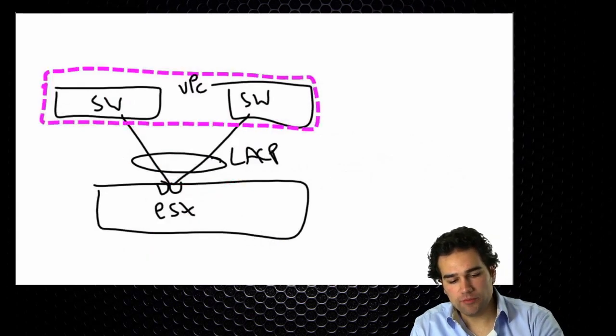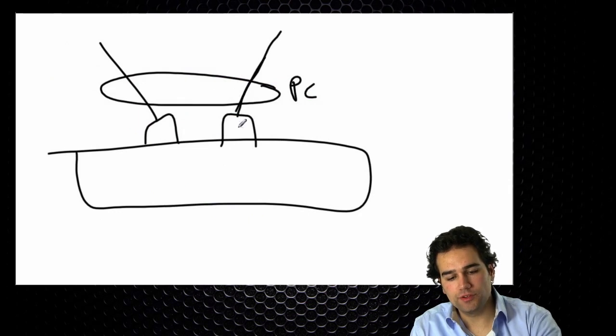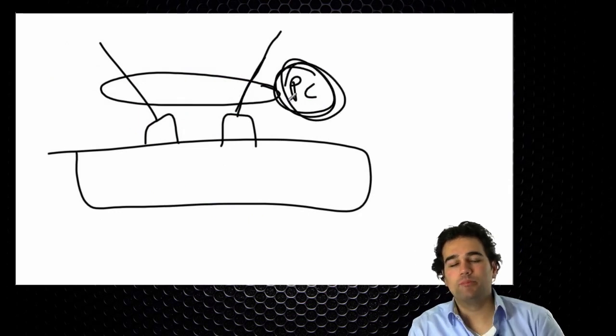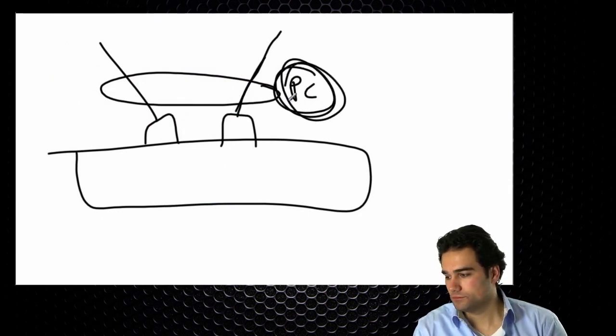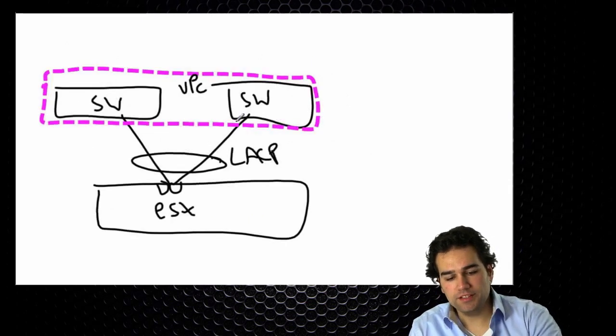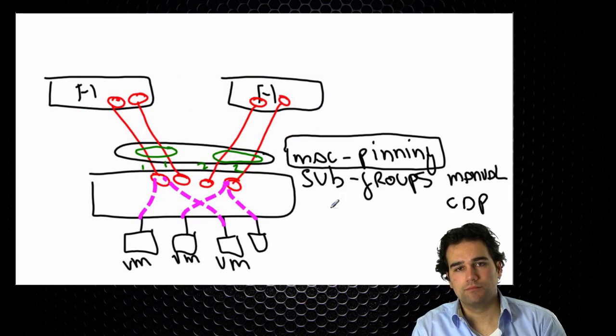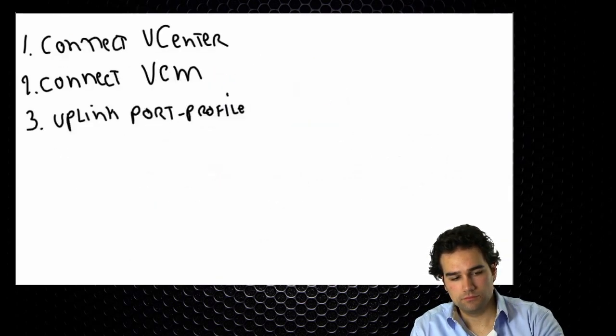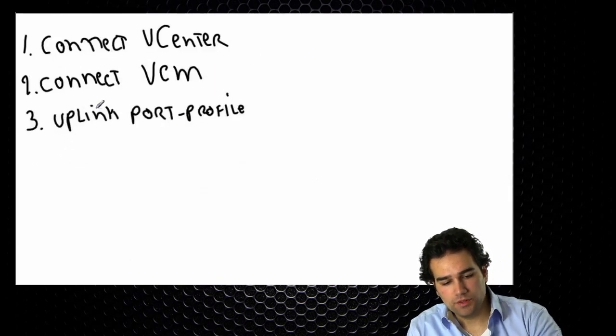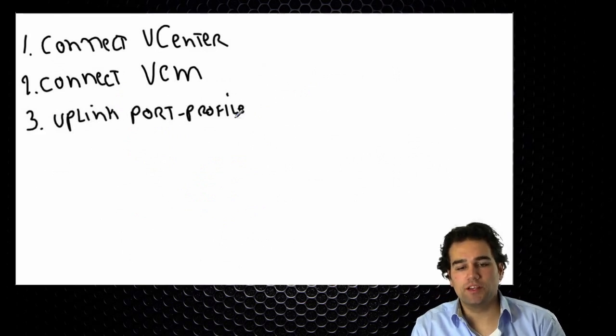So when I have more than one link on the server, I require a port channel configuration, either with LACP, with MAC pinning, or with subgroups. So, the uplink port profile has been created with the port channel.